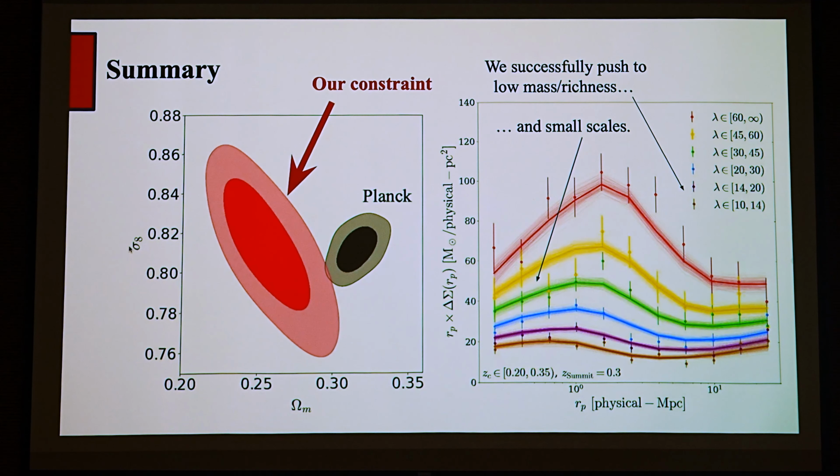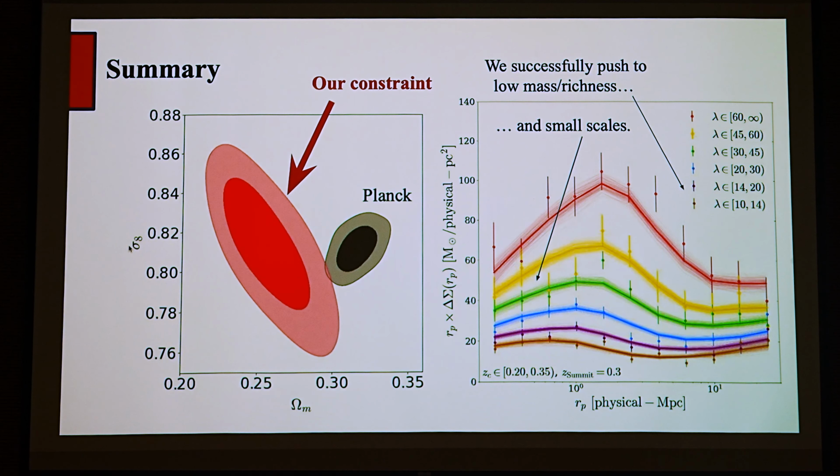If you detect fewer clusters than what you detect here, would that push the omega matter estimation to a larger value? I think lower omega m would tend to indicate fewer clusters, but there is a degeneracy with sigma 8 and other parameters. There are also degeneracies with baryon effects as well. Yes, there are high order degeneracies, but I would say lower omega m tends to indicate fewer clusters.